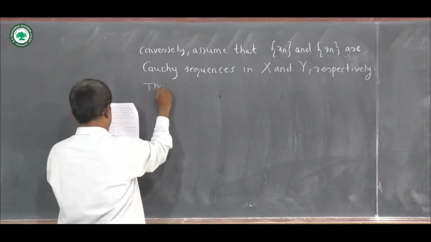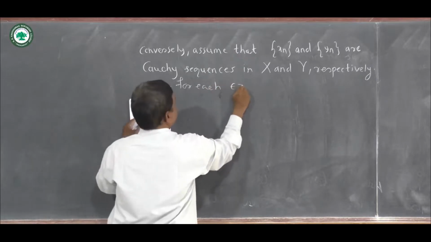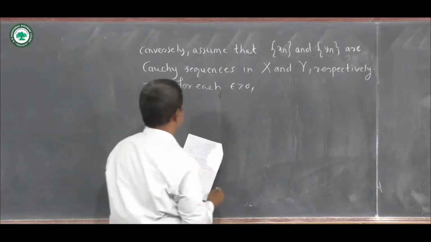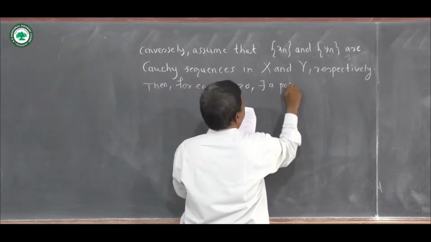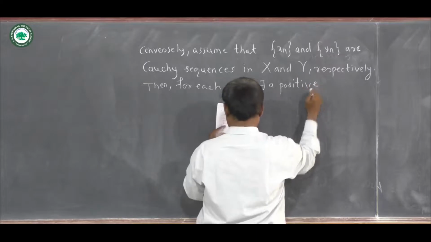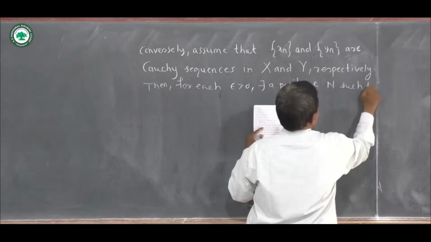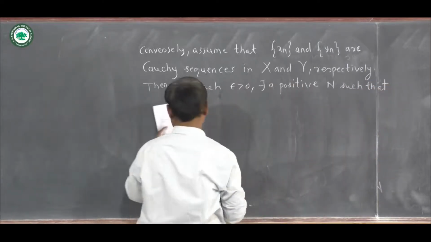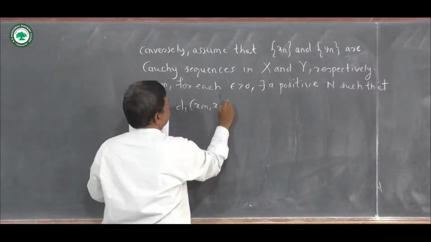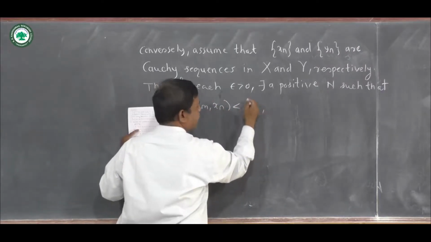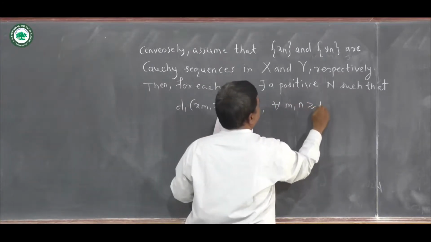Then for each epsilon greater than 0, by using the definition of Cauchy sequence, there exists a positive integer N1 such that d1 of xm, xn is less than epsilon by 2 for all m and n greater than or equal to N1.